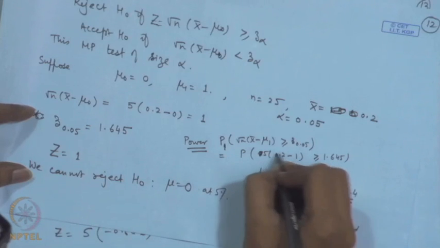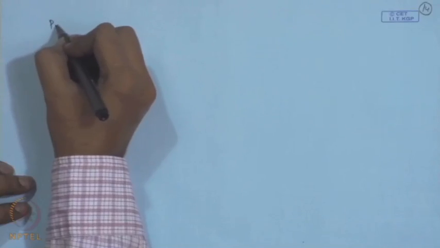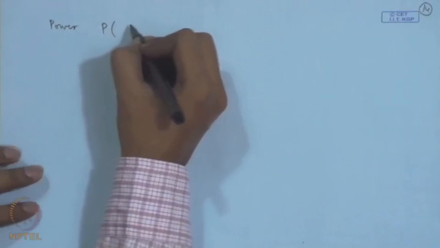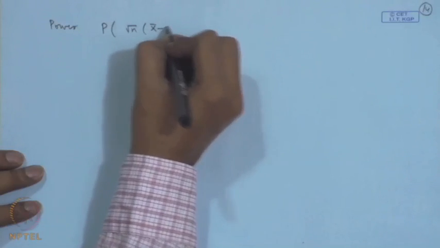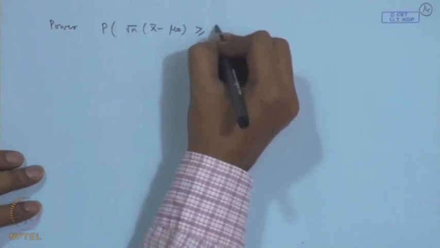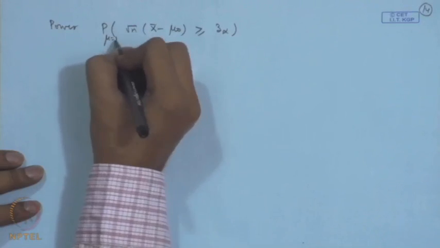Sorry, this is not the correct calculation. Let me do it again here. Probability of root n x bar minus mu naught greater than or equal to z alpha under mu equal to mu 1.